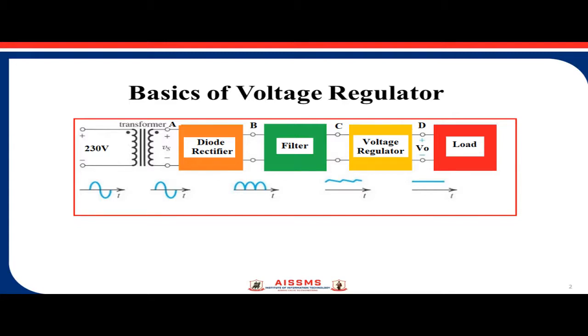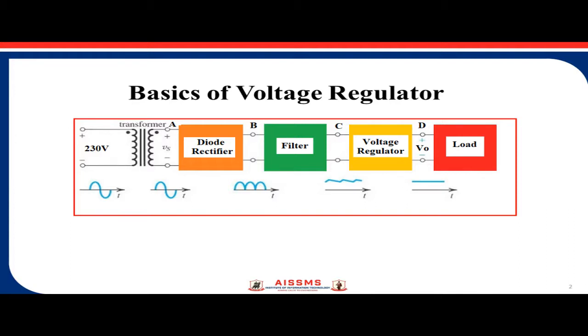Now we will use one more block to remove these ripples, that is the voltage regulator. The voltage regulator is used to generate a constant regulated DC output which can be given to the load.